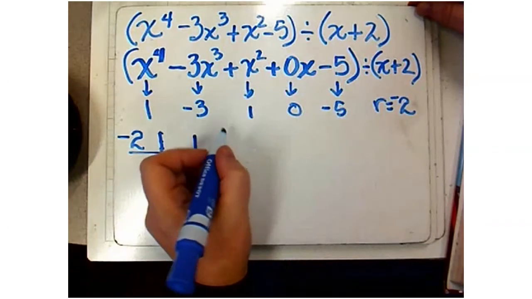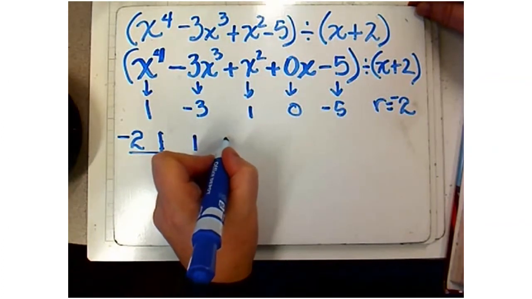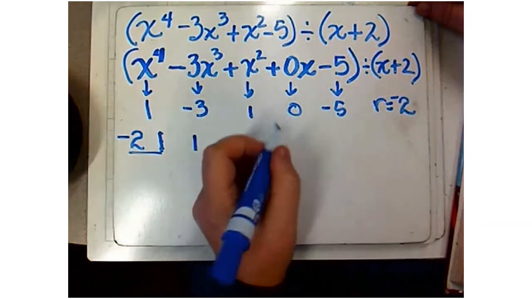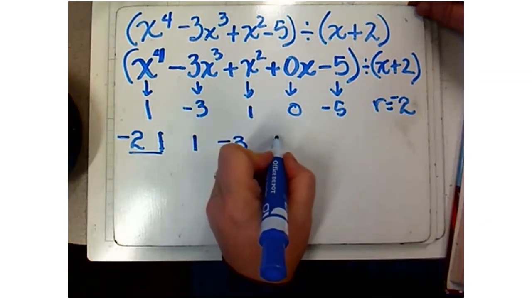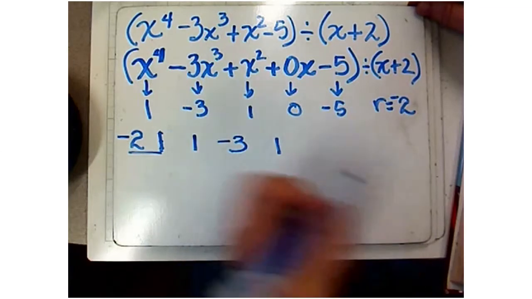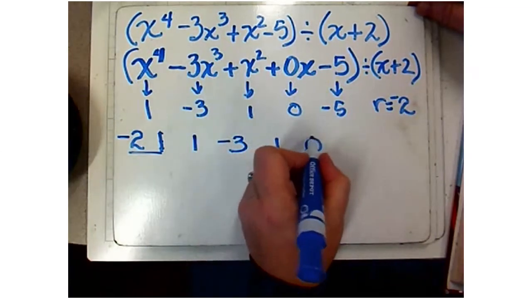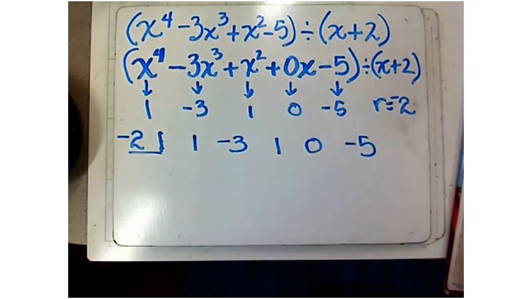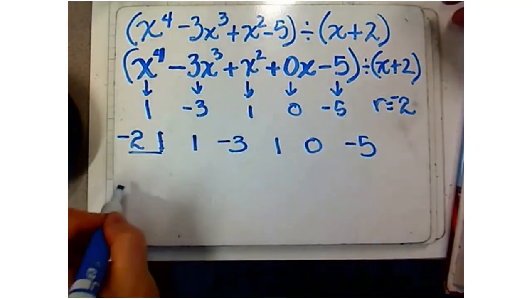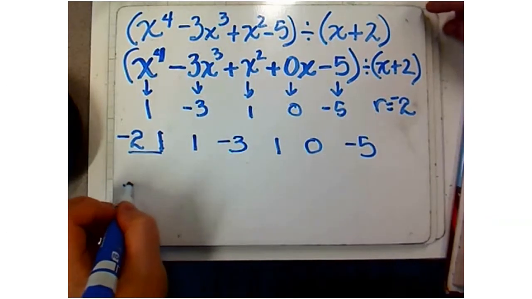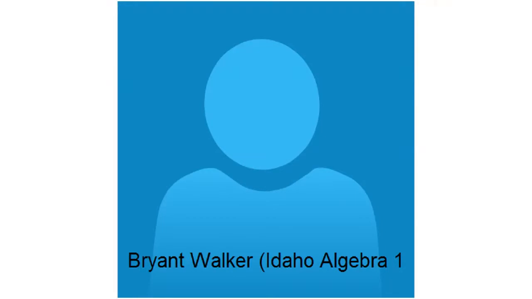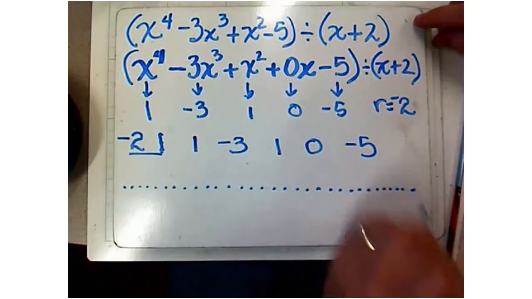And a space, -3, good. And a space, 1, good. And a space, 0, good. And a space, -5, good. Now, down and over, and enter again, because you want a bunch of rows going all the way across. So you get just past that -5.